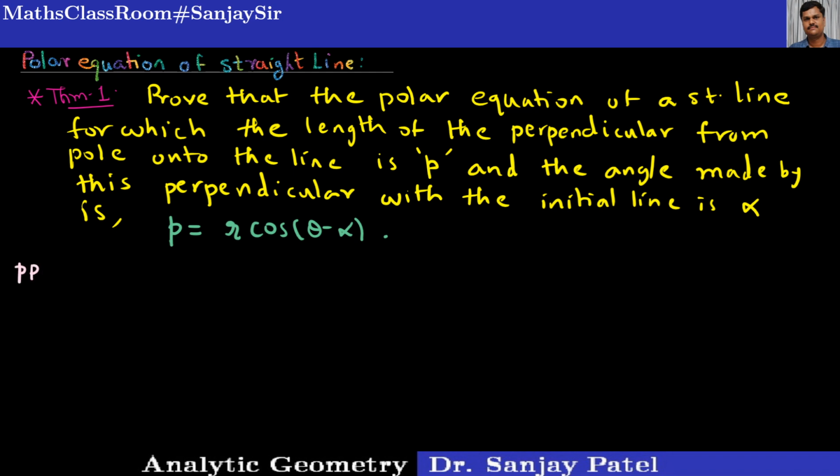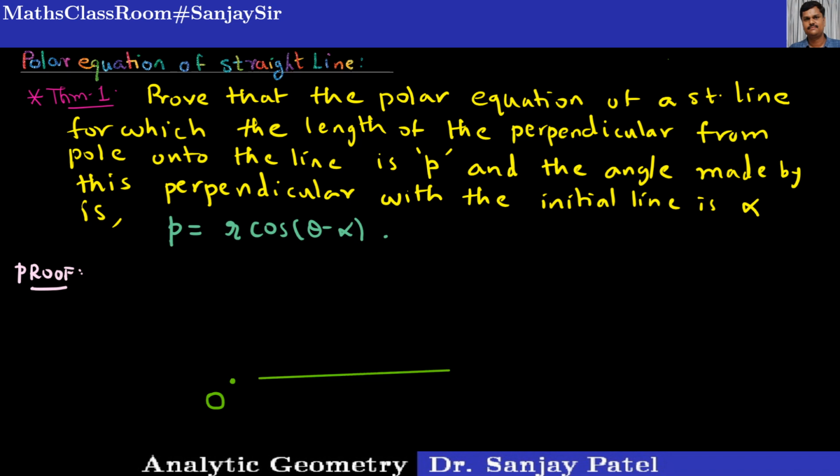So proof of this, first we have to do some construction to understand this. Let me consider the Cartesian polar coordinate system. We have a pole. So let me take a pole O, and let us take the initial line from this pole.